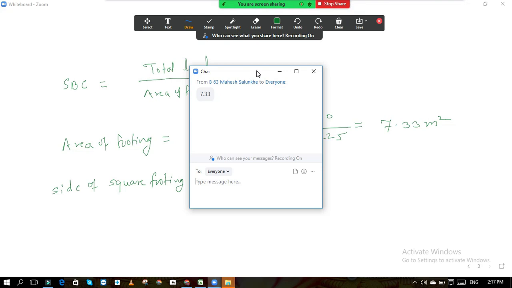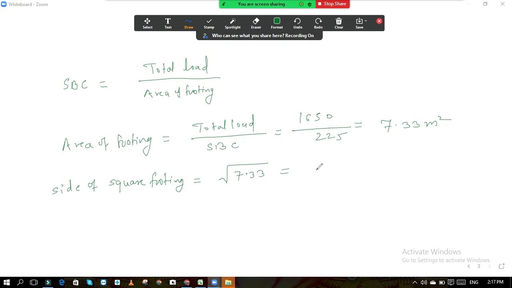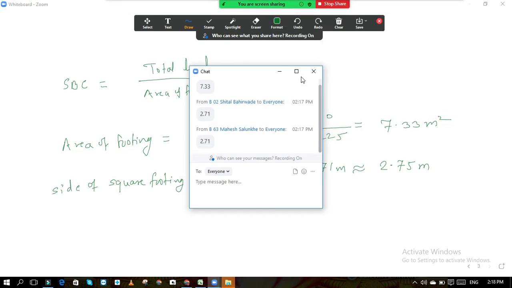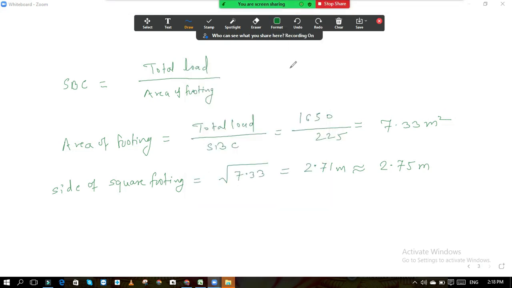Calculate the square root of this. Let me know the answer. 2.71. Okay, so this is 2.71 meter. Normally we will round this up to 2.75 meter. As it is a square footing, both sides are the same.